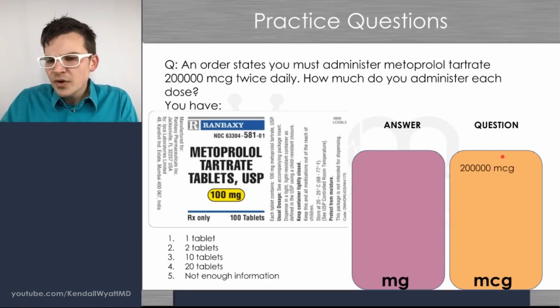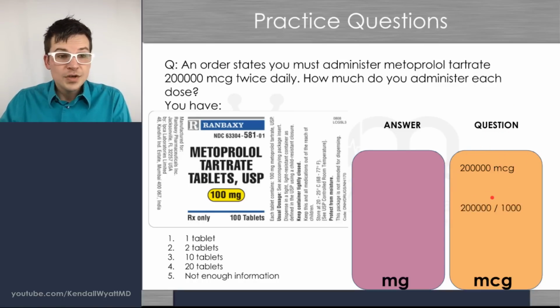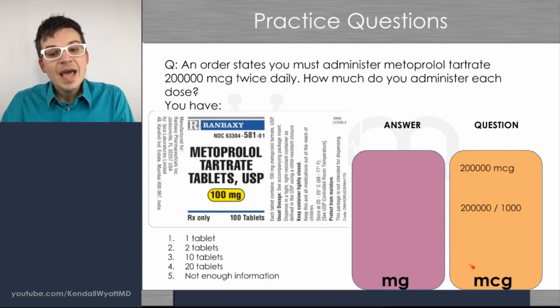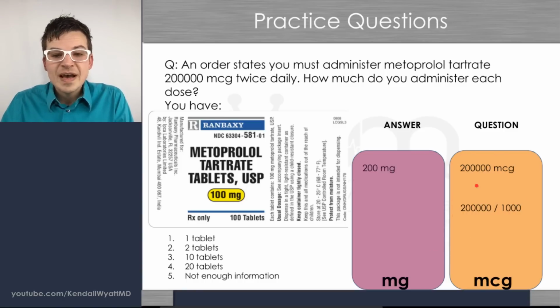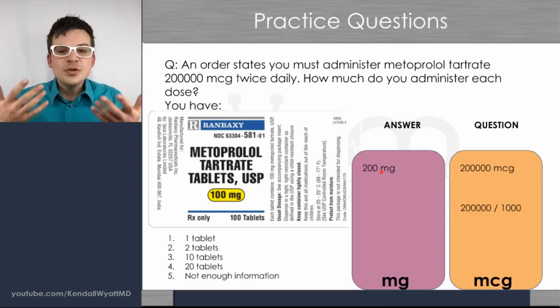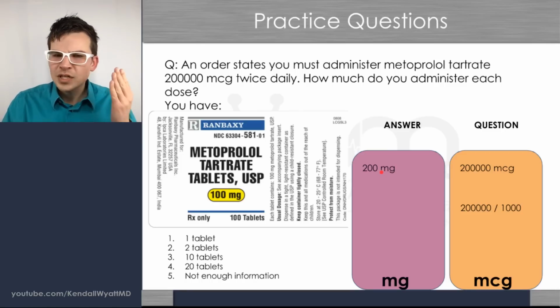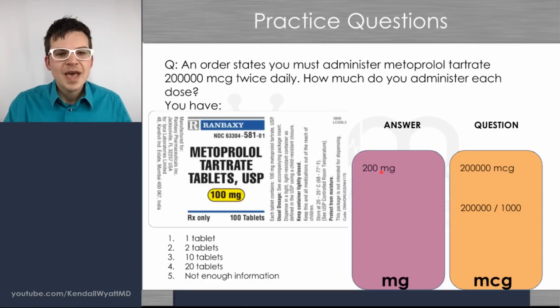Now, you have 200,000 micrograms. Well, what are you going to do to move that to milligrams? You're going to divide, because it's going over, right? If you divide 200,000 by 1,000, it's going to give you 200 milligrams. So then you know, how much do you need to give twice daily? 200 milligrams twice daily. Makes the question a lot simpler to answer in your head, right?